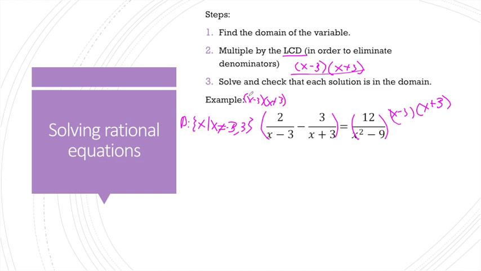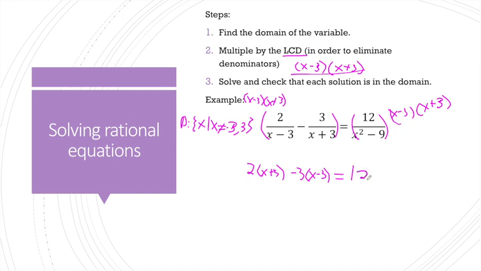I know my x minus 3's are going to cancel, so I have 2 times x plus 3. I then have negative 3 times x minus 3, x plus 3. I know these x plus 3's are going to cancel, so I have negative 3 times x minus 3 equals 12 over x squared minus 9, which I know is equal to x minus 3, x plus 3. So my denominator here is going to cancel, and I'm left with a 12.